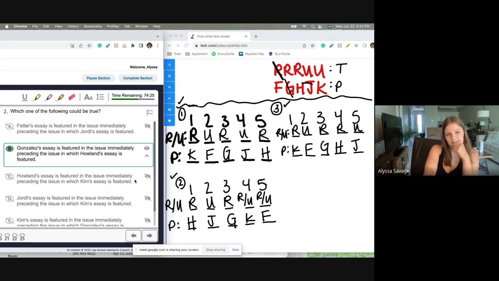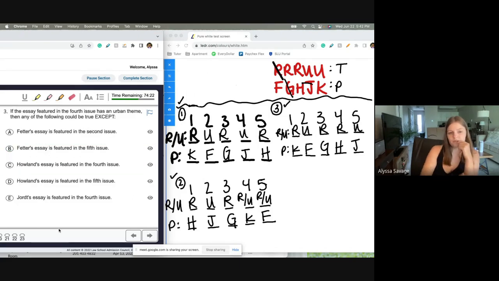No. Okay. Number 3. If the essay featured in the 4th issue has an urban theme, then any of the following could be true except.